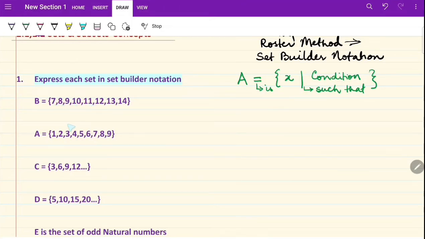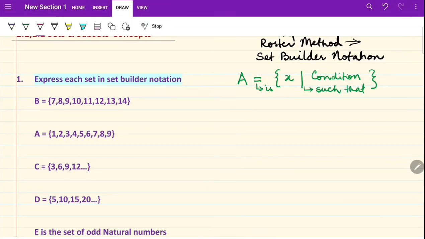We see over here the elements are all numbers and they are all natural numbers. Recall that natural numbers are counting numbers starting from 1. They are all positive integer values. But this particular set starts from 7 and has values up to 14.